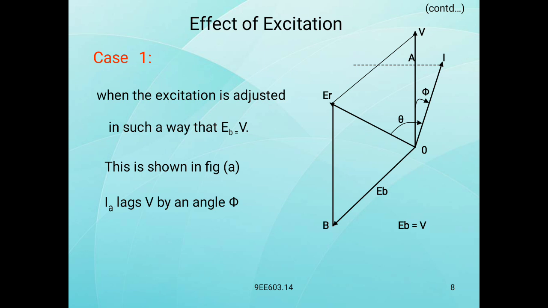That means I is behind the voltage V by angle phi. This is the synchronous motor, and the condition is EB equal to V. Then go for case 2.